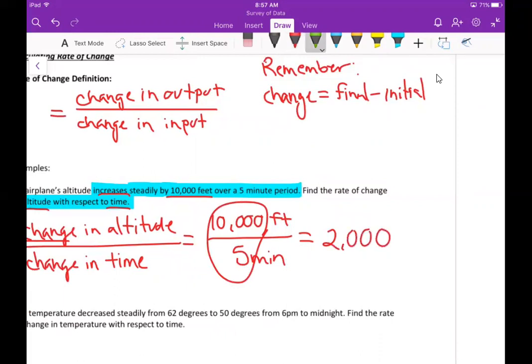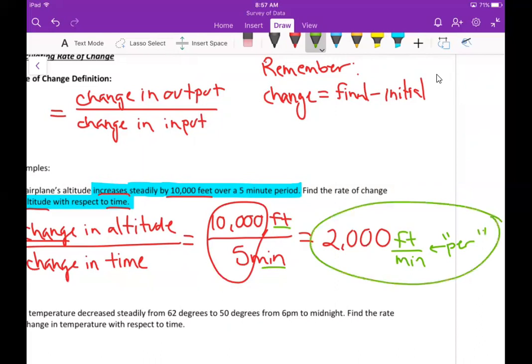And then we see the units right here, feet, and whenever we divide, we say that is per minute. So we read this or say this as feet per minute. So what we're seeing is that average rate of change. On average, the plane's altitude increased by 2,000 feet per minute. Okay, so we get that average rate of change when we know the overall change.